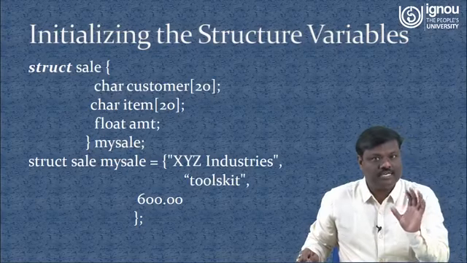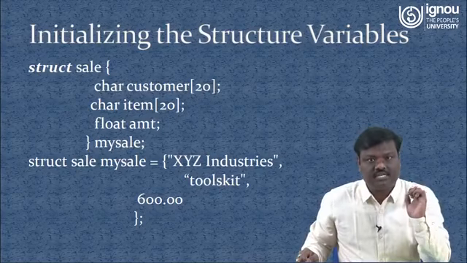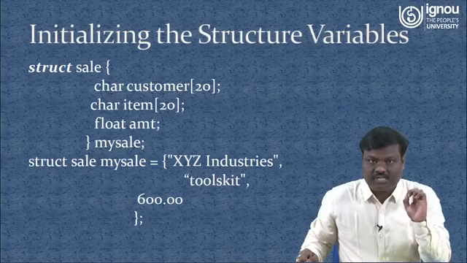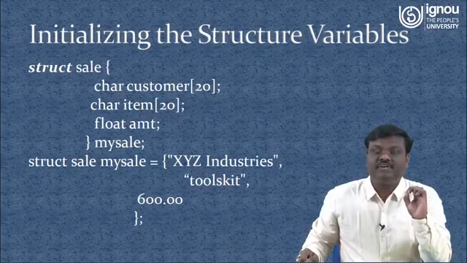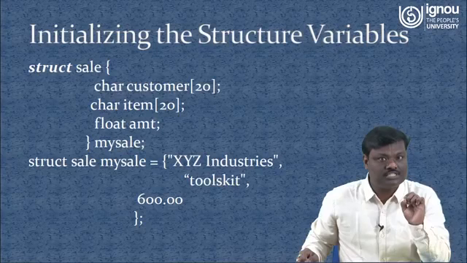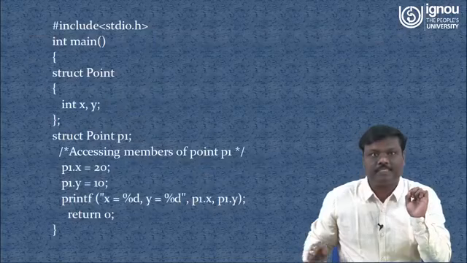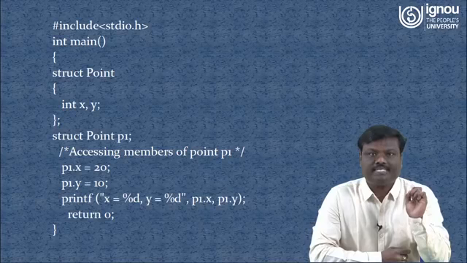What we had done: we created a template, or you can call it a blueprint, for the structure. We declared some variables, then we saw how to access the members of the structure with each and every variable. And here, as the 4th agenda item, we are seeing the initialization of the structure variables. So let's have an example program in totality.